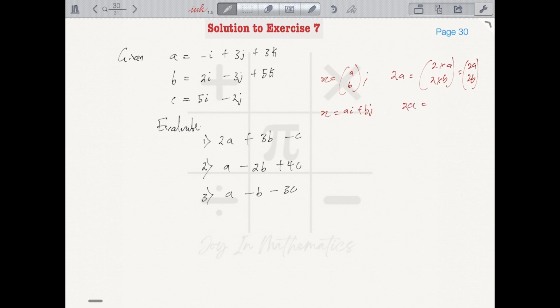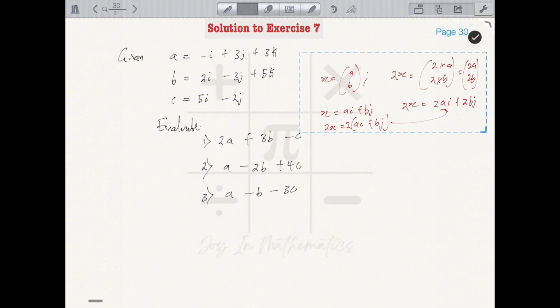If I convert 2X in terms of unit form, it will give me 2Ai plus 2Bj, because if I multiply 2 by Ai plus Bj, it will give me this. So we can see now that it's basically the same principle, and we just have to apply that in the exercise.